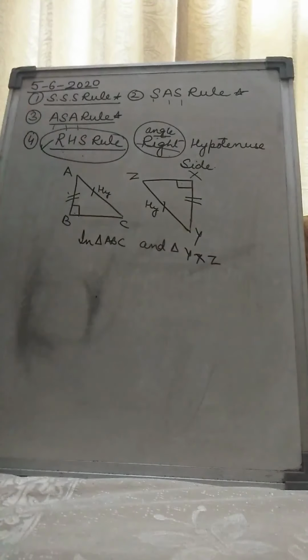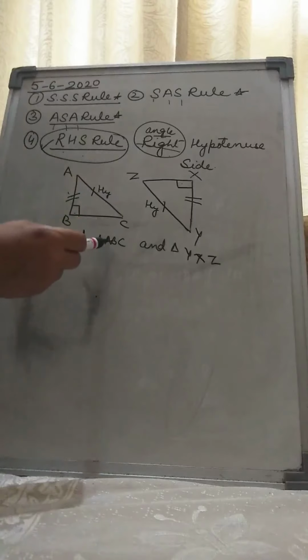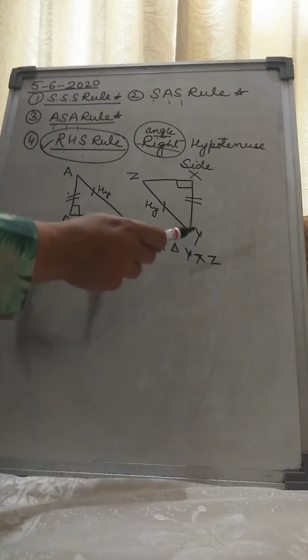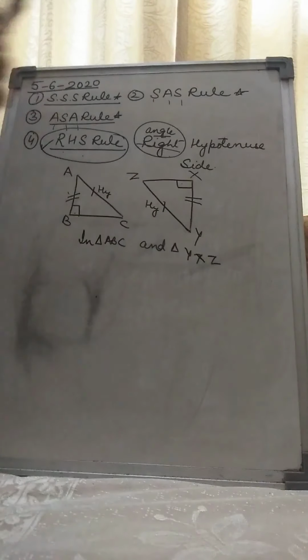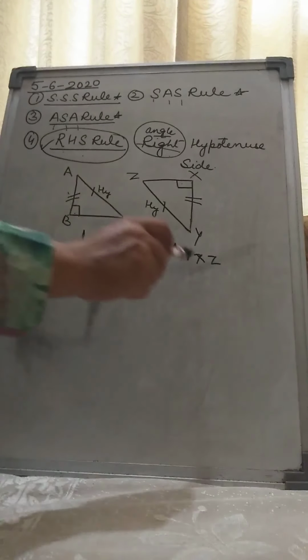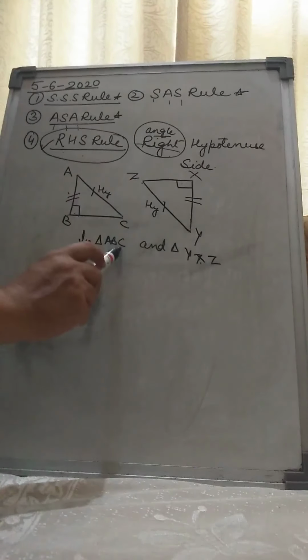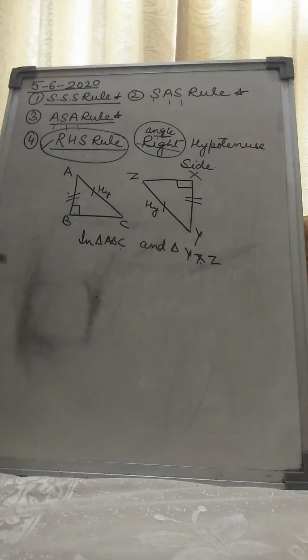You will not say it as XY, because the first angle, which vertex we are writing here, A, corresponds to Y. This I want to make you clear. B here, so then X will come in the center, and then Z for C.